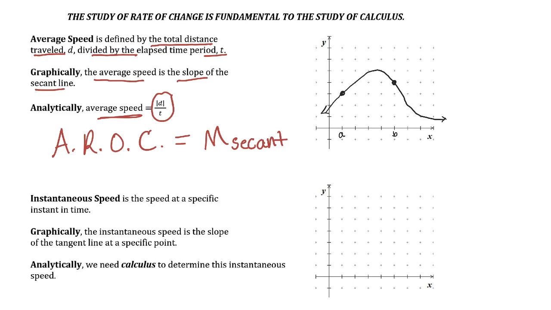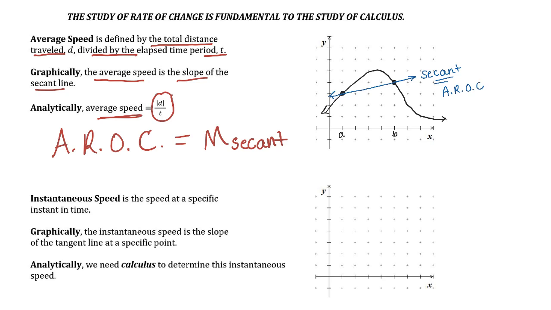And so if I connect those, notice that this line is intersecting that graph in more than one place. And so this is going to be our secant line. That's what it's talking about, our secant line. And the slope of this secant line is our average rate of change.